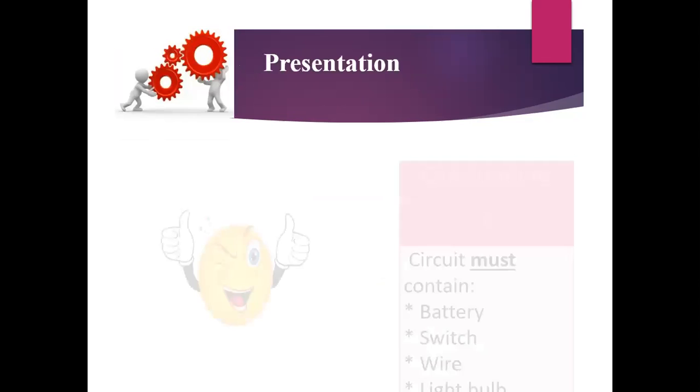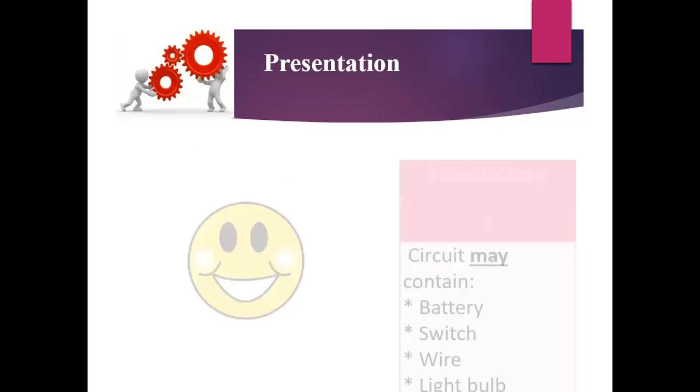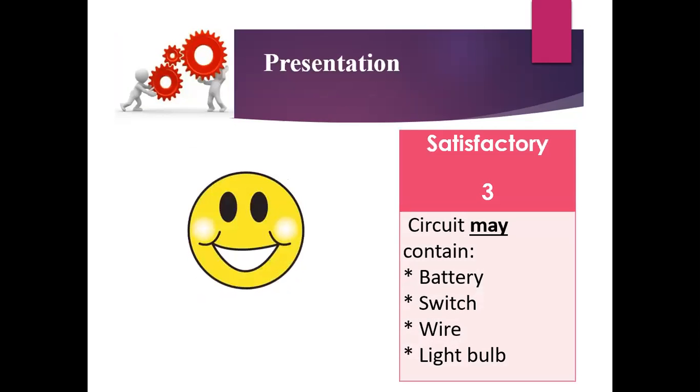The third thing is the presentation of the circuit. I told you the ideal circuit must contain the battery, the wire, and the bulb, and it's preferable to have a switch. I will give you 3 if you are missing one of the main things, for example, if you missed the battery, the switch, the light bulb, or the wire.